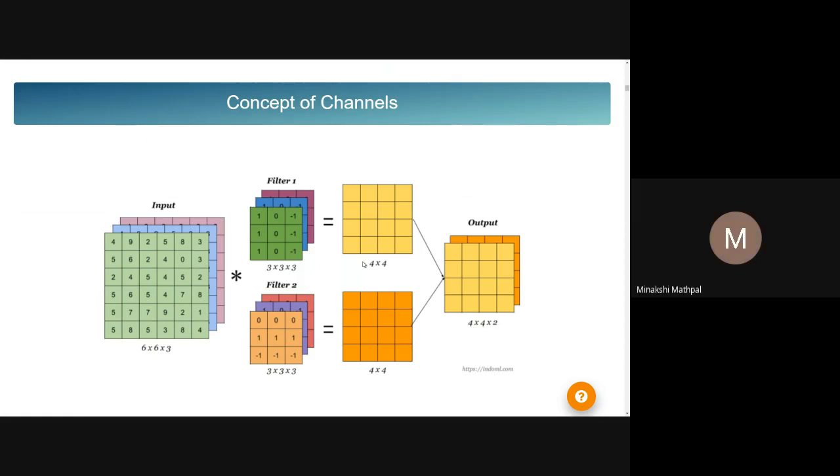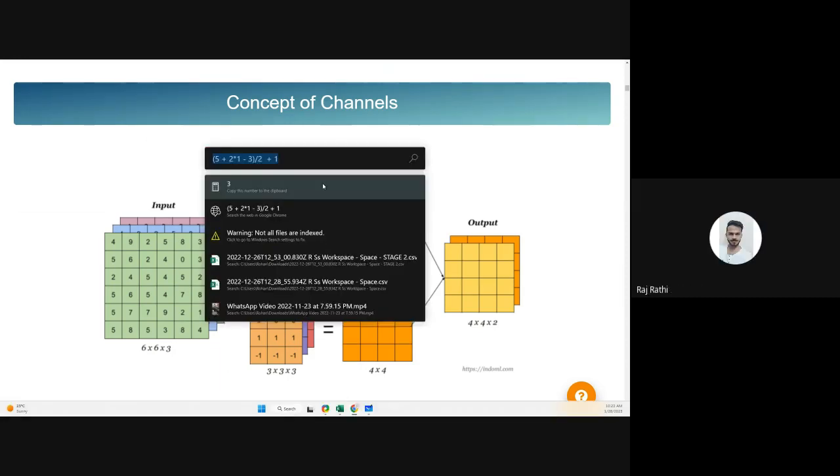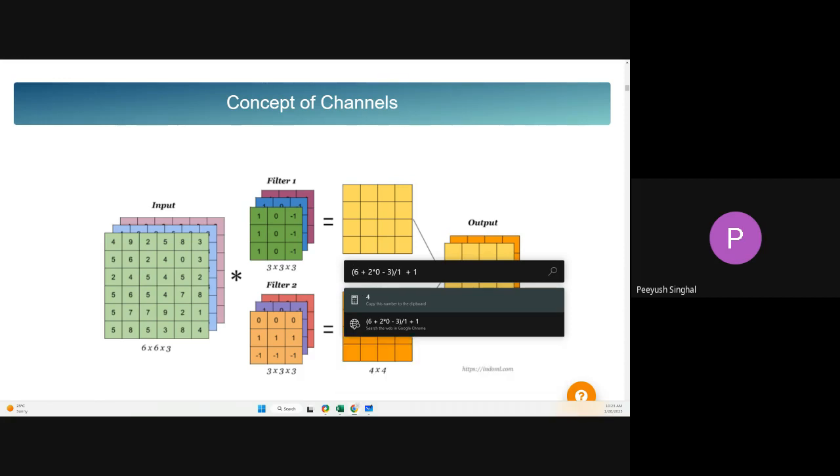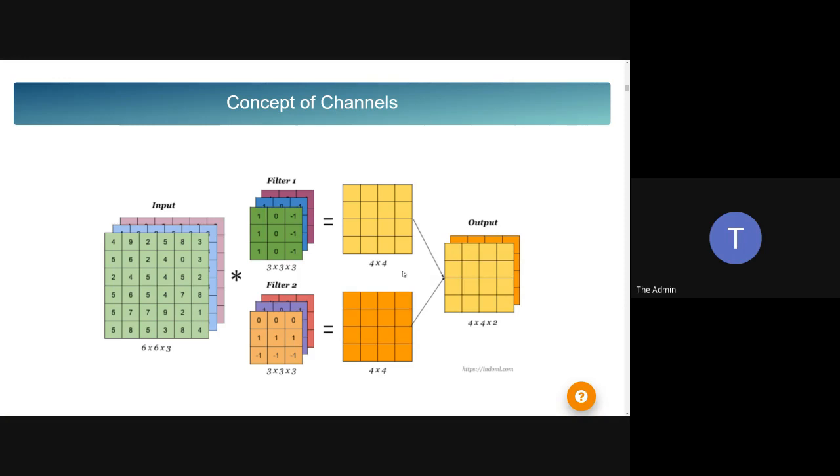Stride of 1 and no padding. That should give us 3 cross 3, 1 stride, no padding, because typically it reduces by 2. So you get 4 cross 4 from 6 cross 6. Fair enough. So that's the concept of channels.